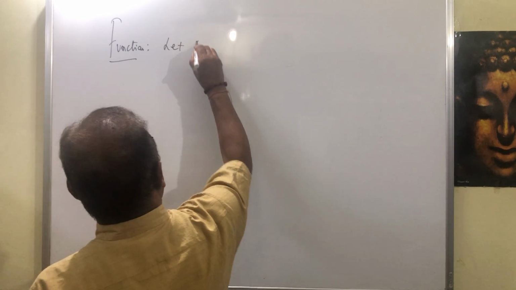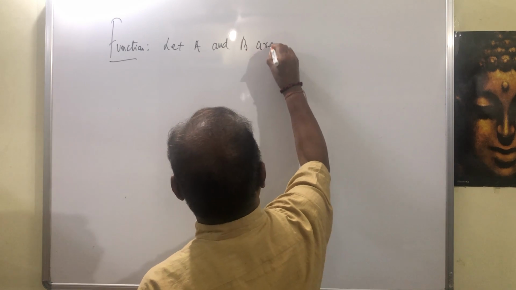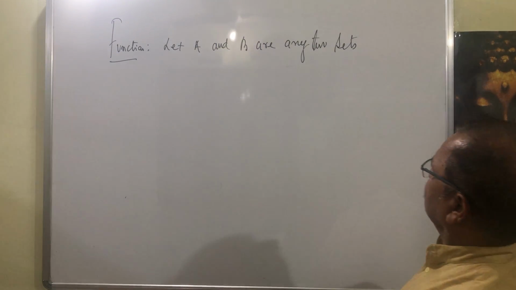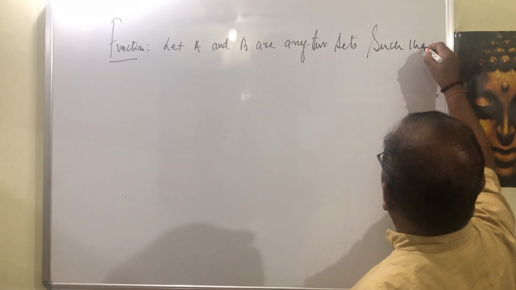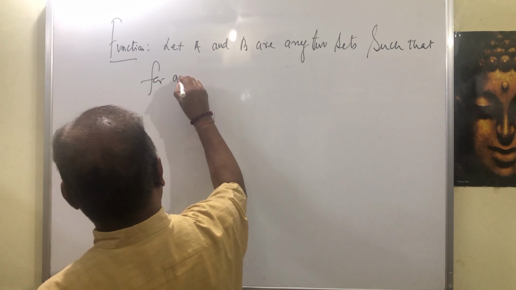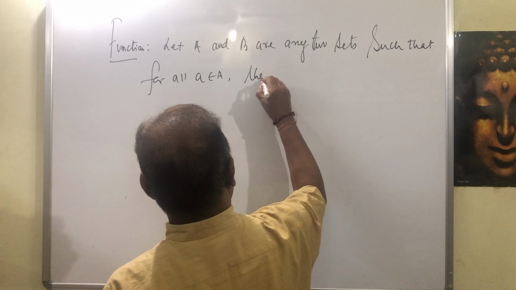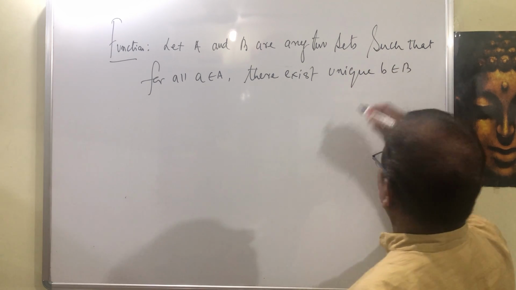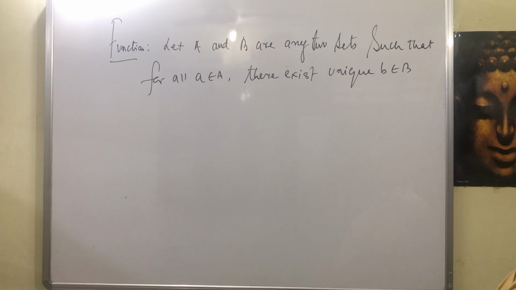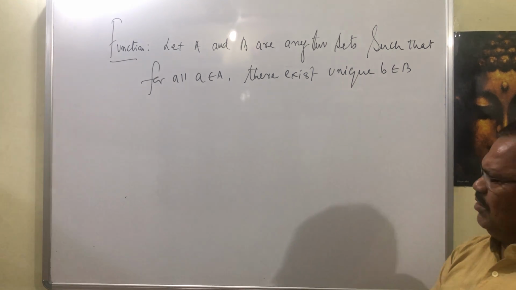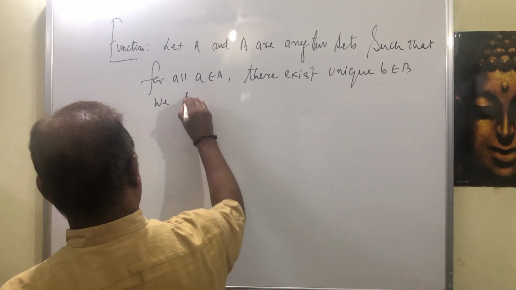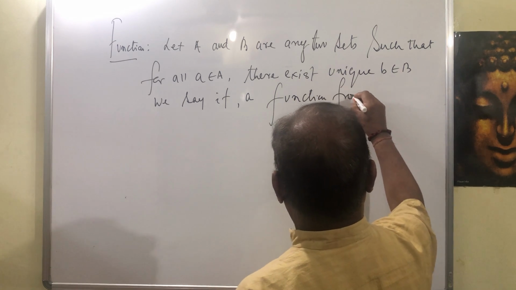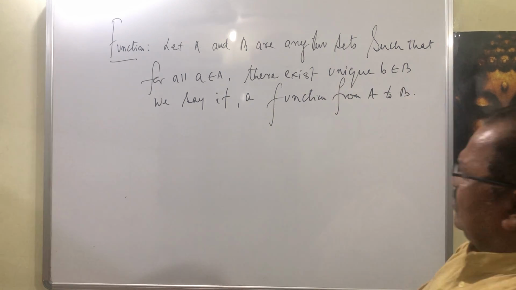Let A and B be any two sets such that for all a belongs to A, there exists a unique b belongs to B. Then we say it is a function from A to B. Now you must have understood the meaning of this statement.